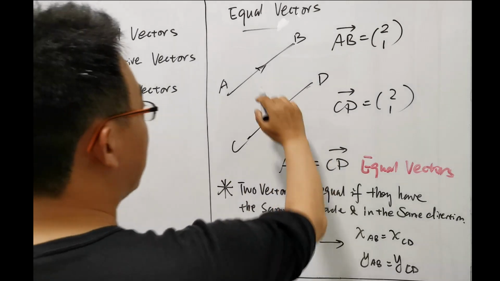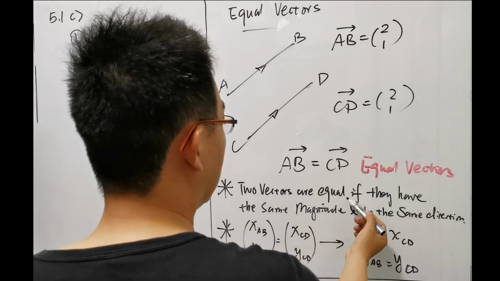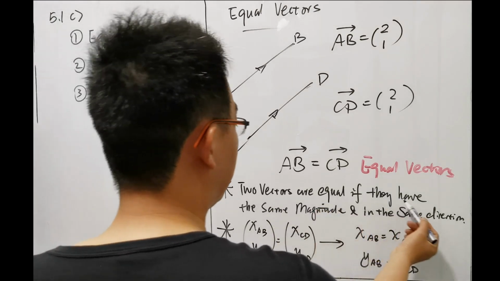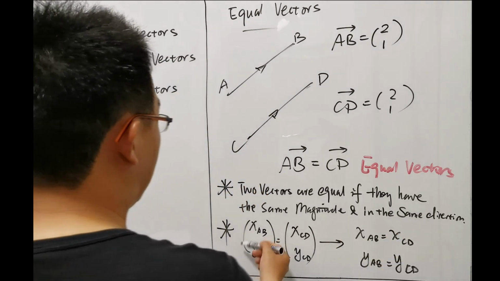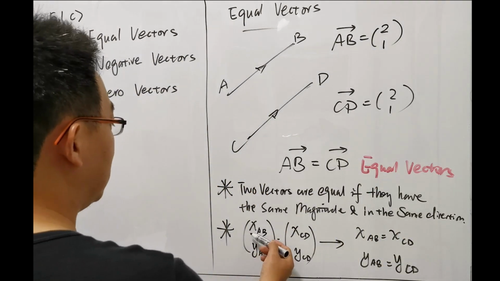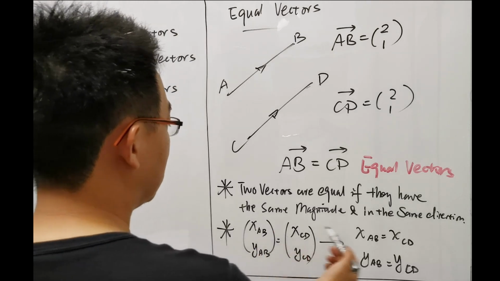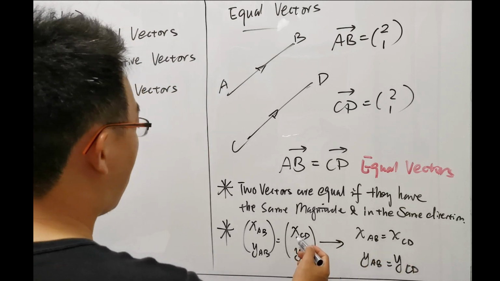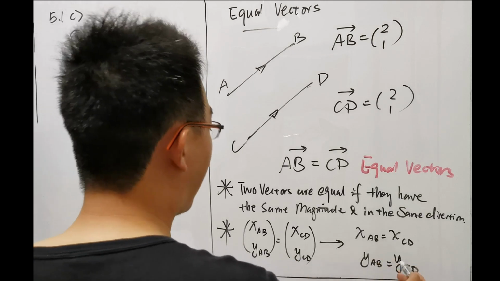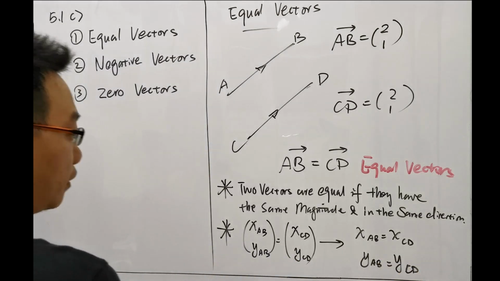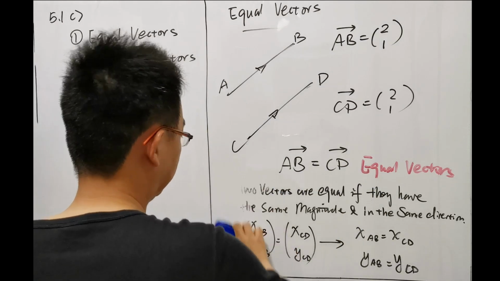We come up with this because they are equal vectors: if two vectors are equal, they have the same magnitude and the same direction. So in terms of column vectors, if these two vectors are the same, the x component of AB equals the x component of CD, and the y component of AB equals the y component of CD. Okay, that is very clear. Let's move on to the next one.